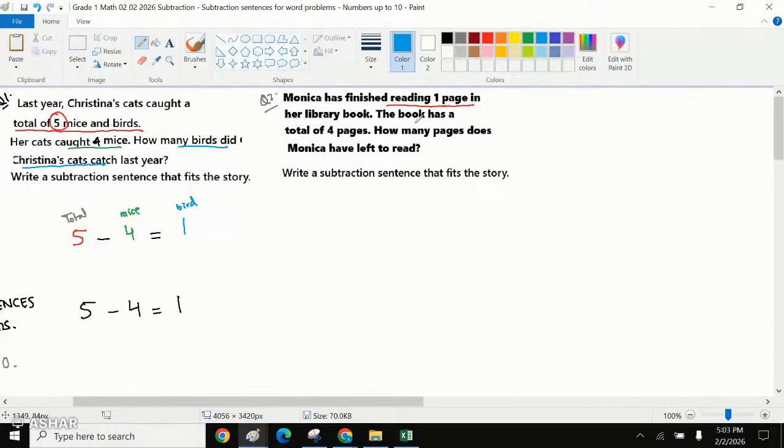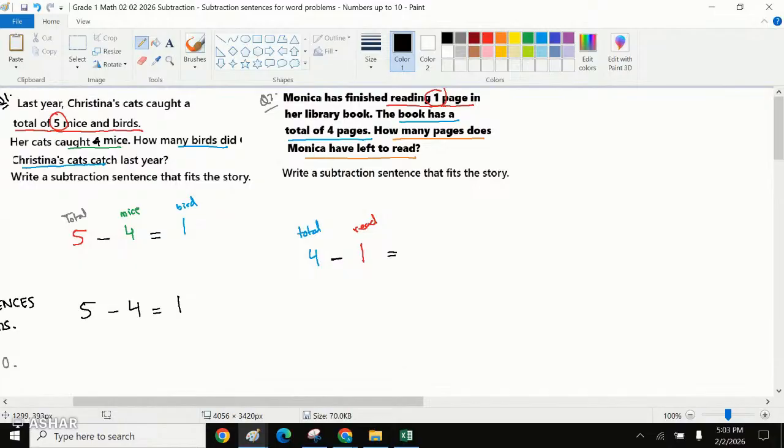The book has a total of 4 pages. How many pages does Monica have left to read? That means we write the total. The total was 4 pages minus the number of pages read. That was one page already read.